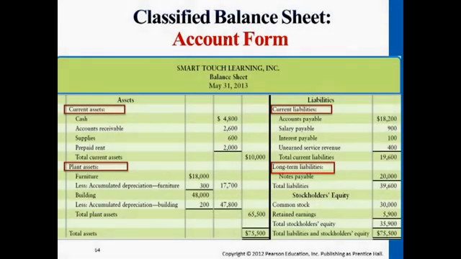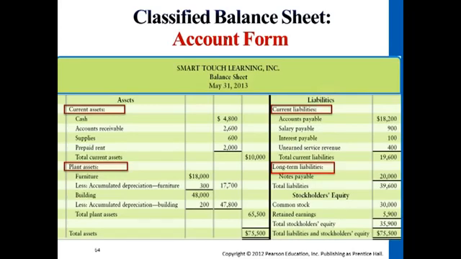We still have the left side asset, right side liability and equity. It's just that on the left side you would see the current asset section, and then the plant asset section. Plant asset and long-term assets are interchangeable terms. Plant asset represents long-term asset. Current asset and short-term asset are interchangeable terms.